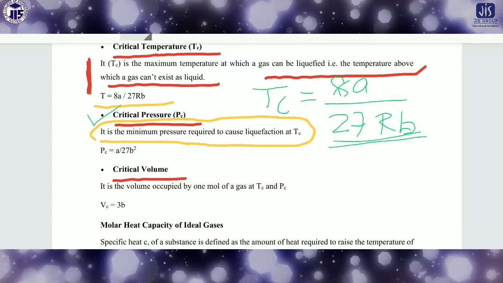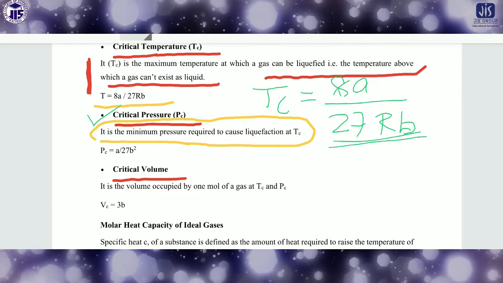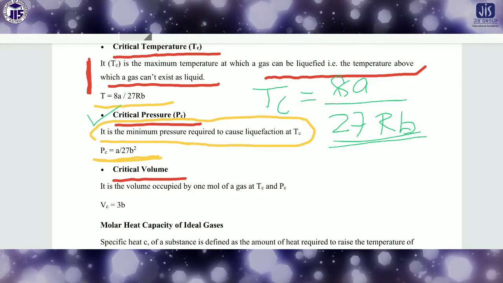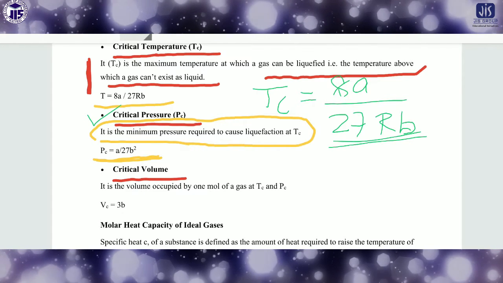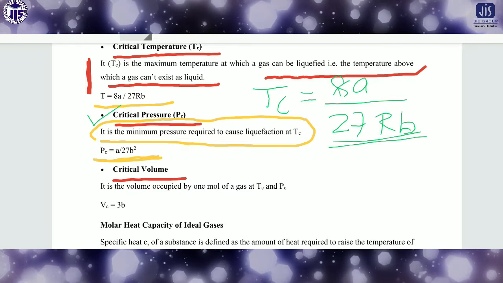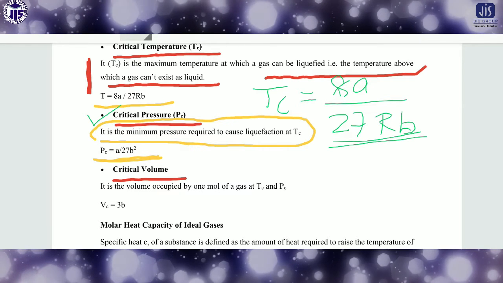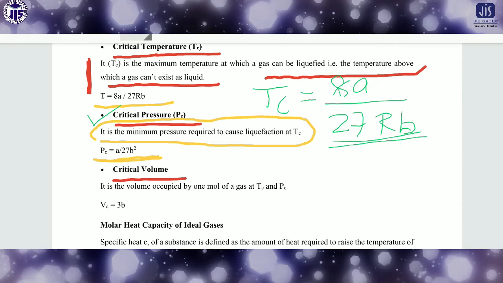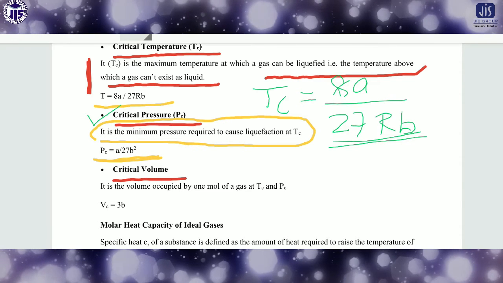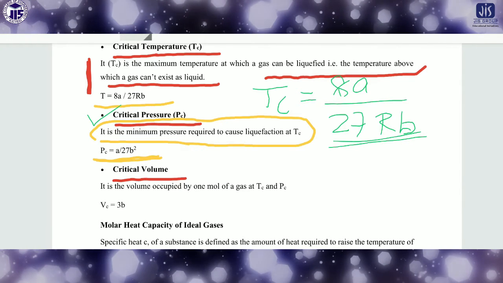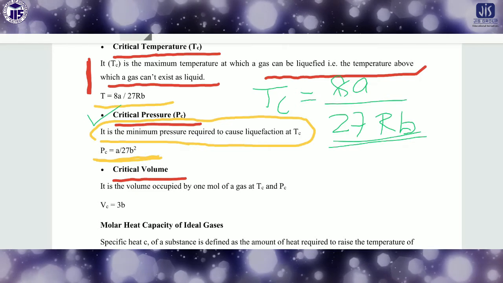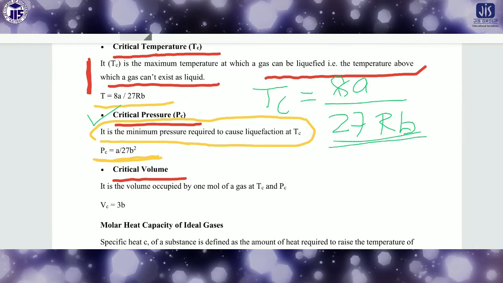Critical pressure PC equals a by 27b squared. You know what a and b are; I already discussed them in the class on the equation of real gas. a is the pressure correction term and b is the volume correction term.